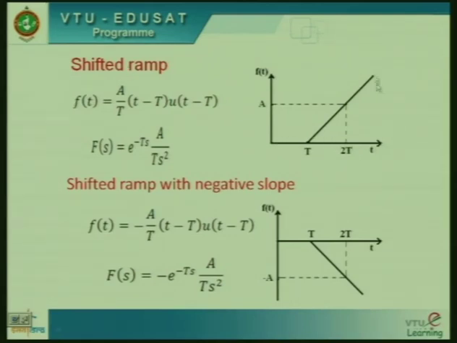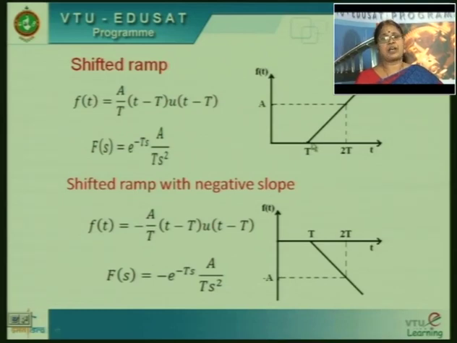Now, look at this figure, a ramp function whose slope is again A by T. If you look at the marking, the magnitude of this function at this point is A against time 2T, whereas the magnitude of this function is 0 when time t is equal to capital T. So, if you find the slope of this function, it is again A by T, but instead of starting from 0, this function is starting from time t equal to T. So, it is a shifted ramp function.